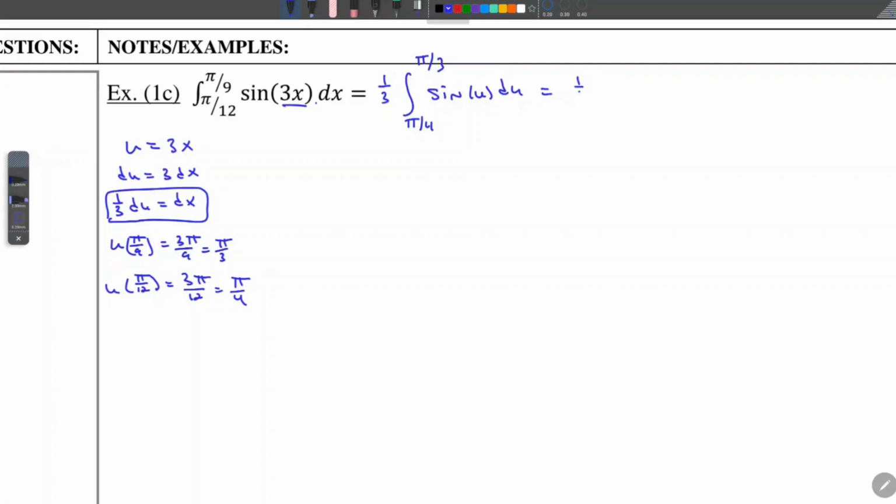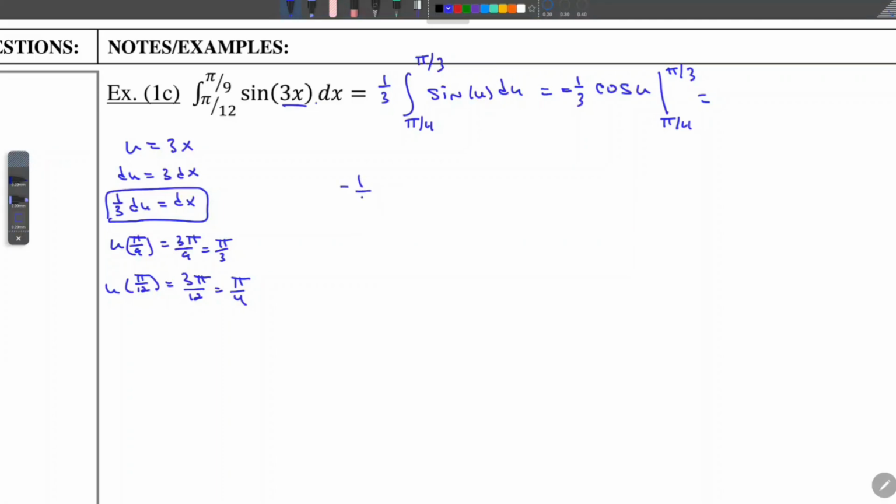Our 1/3 comes over. I know that when we integrate sine, we're going to get negative cosine. I'll put a negative sign out front, and this becomes cosine of u, and we're integrating this from pi over 4 to pi over 3. And so fairly straightforward. I like to do this a little bit differently.